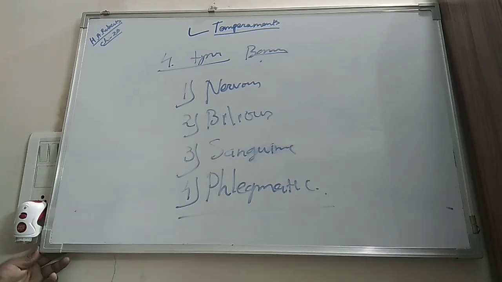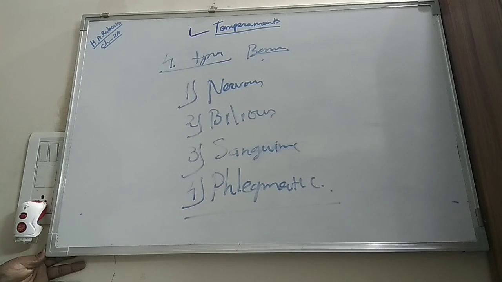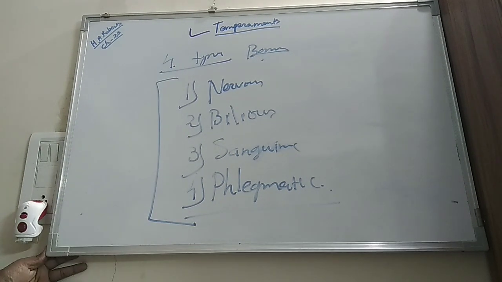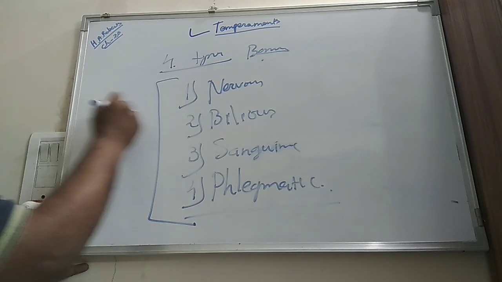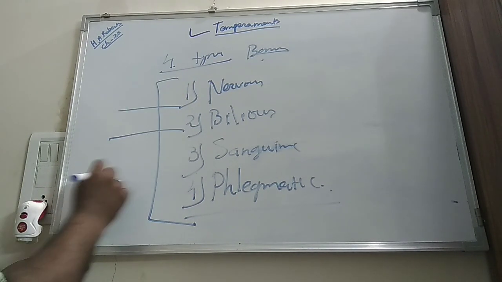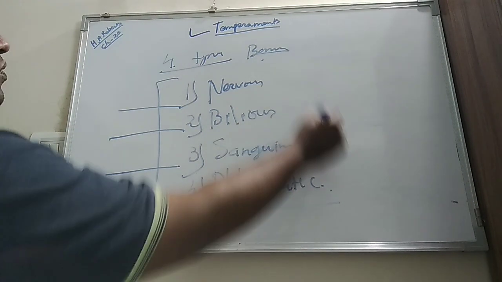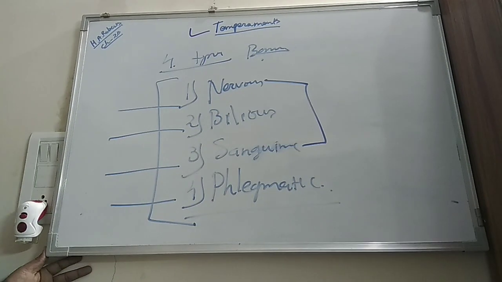Sometimes we find it very difficult to classify a person as nervous, bilious, sanguine or phlegmatic. Sometimes we may find a combination of it.